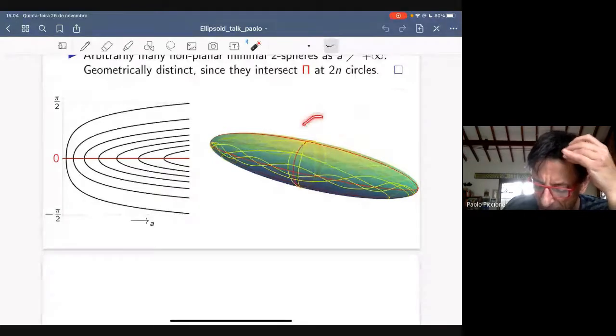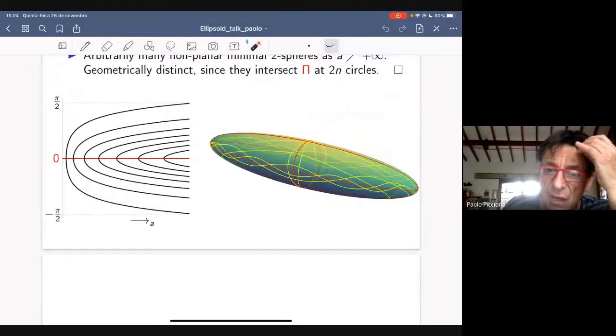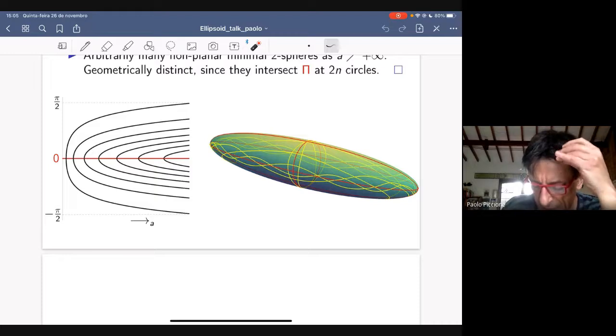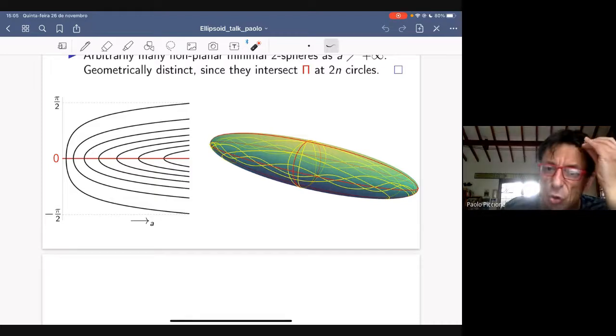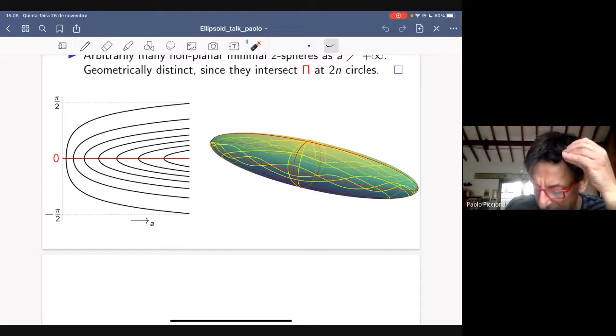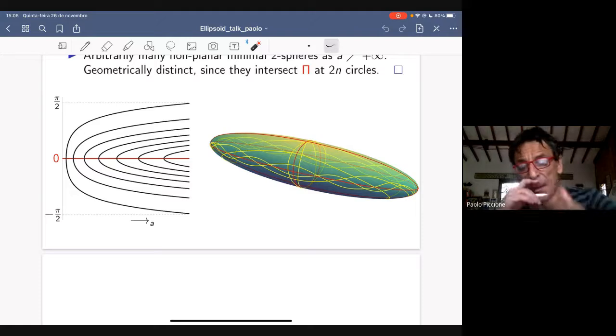And there are also some onduloid type minimal spheres. And we can exclude that the limits are onduloids. So this means that all these minimal two spheres that we find, in fact, they tend to accumulate around these planar minimal spheres here.